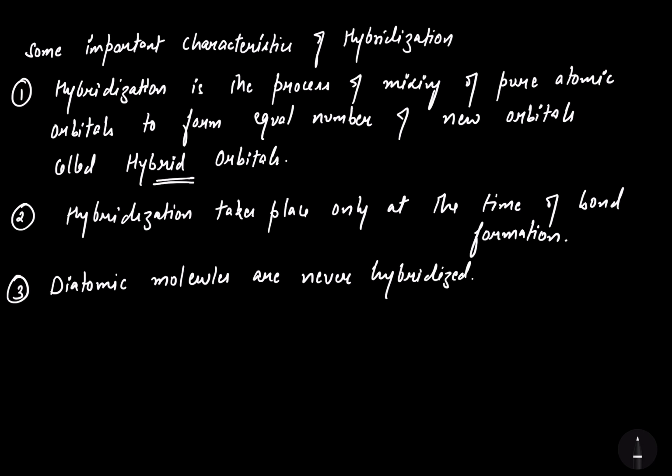Let me give you examples like O2, N2, Br2, Cl2, I2, etc. For these diatomic molecules, we have molecular orbital theory, which is the last topic of this chapter. I'm going to make a video on that also. So, diatomic molecules are never hybridized.